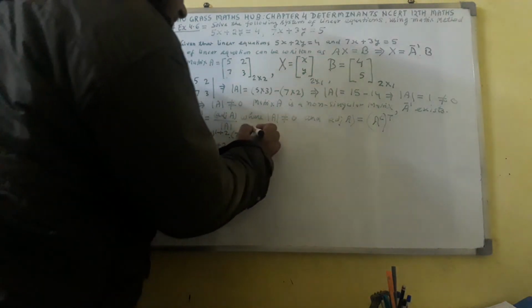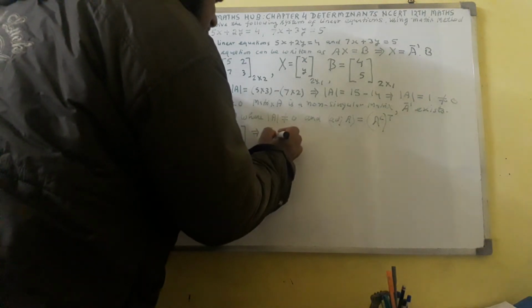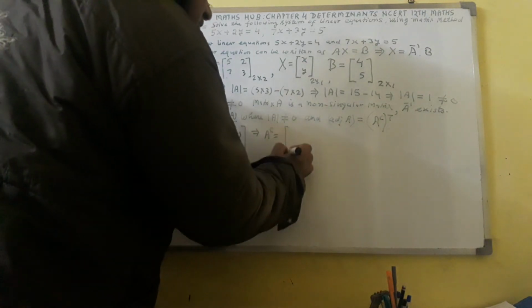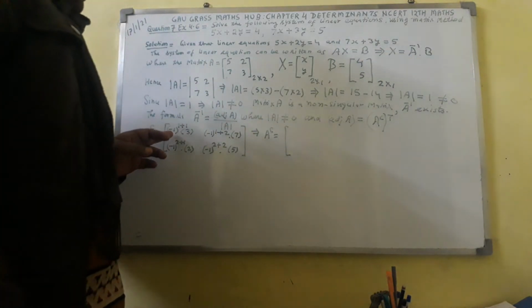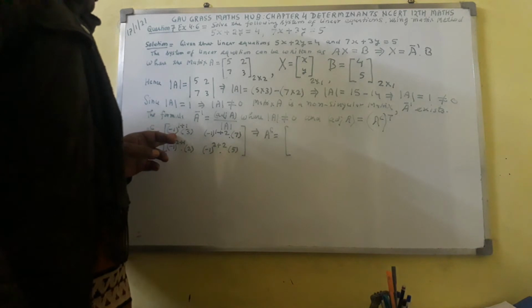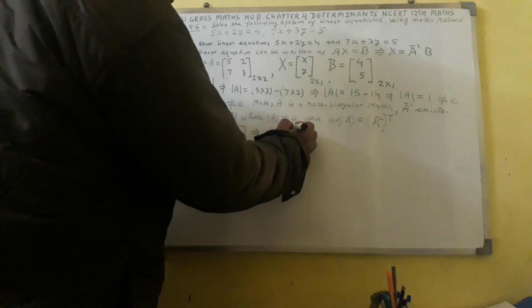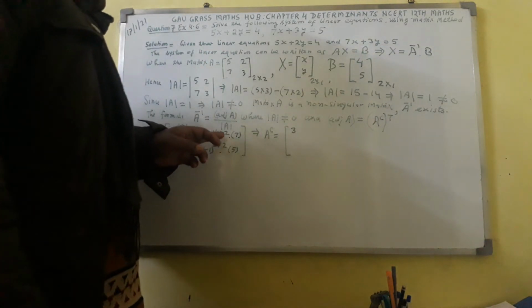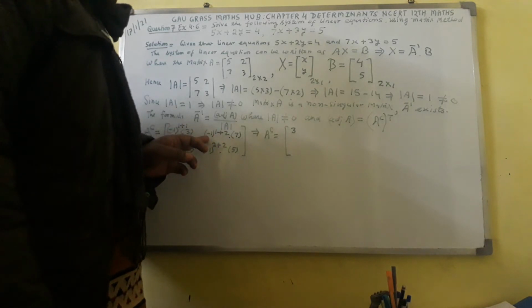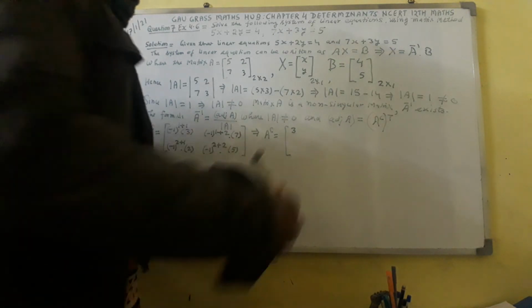Implies that cofactor matrix equal to, just simplify this one. -1 raised to power 2 comes out to 1. 1 multiplied by 3 comes out to 3. Here you can see -1 raised to power 1 plus 2, that is 3, so -1 raised to power 3 comes out to -1. -1 multiplied by 7 comes out to -7.